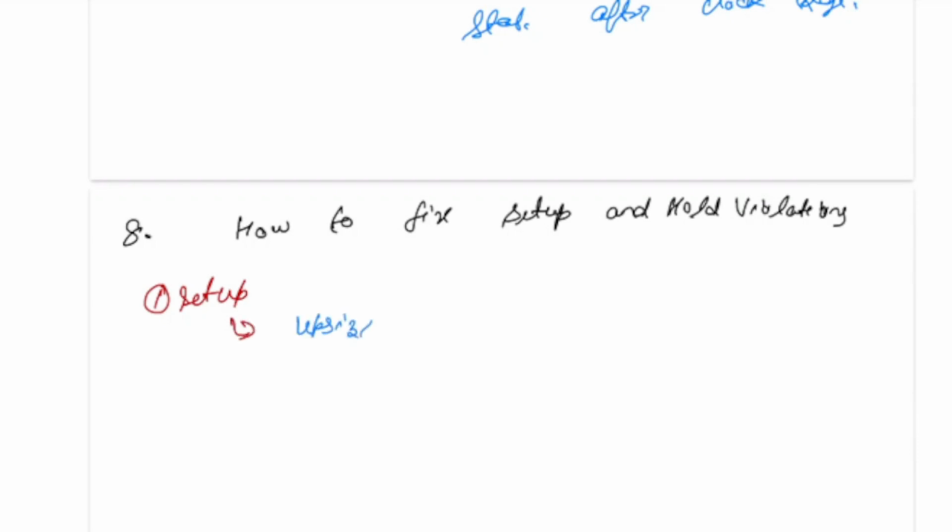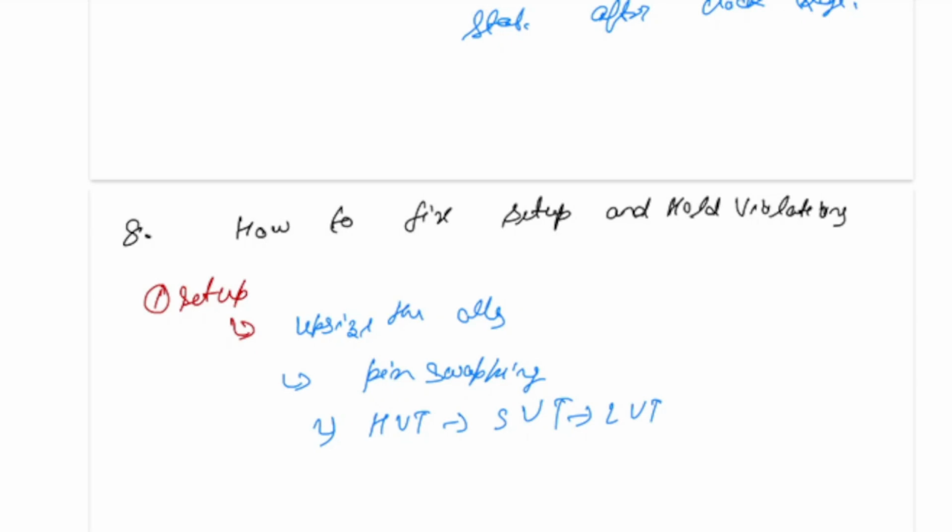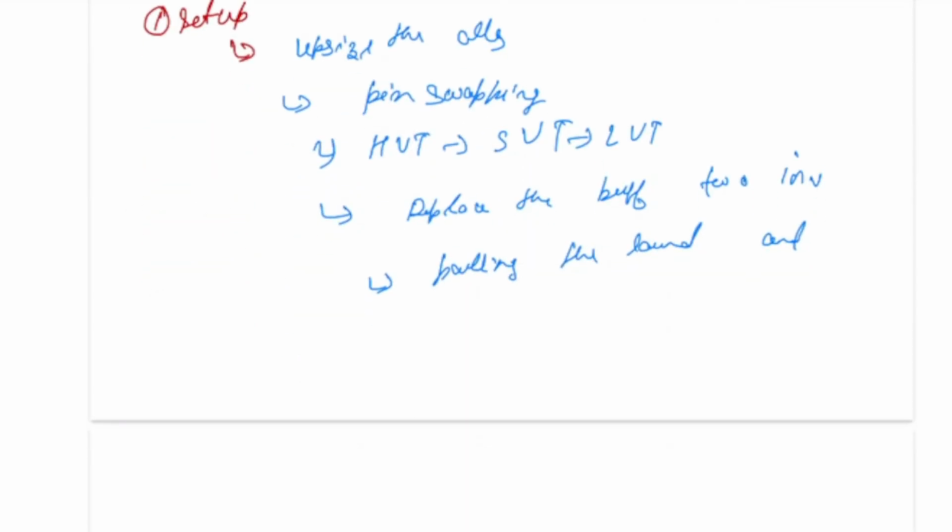Upsizing the cell, swapping HVT to SVT to LVT, replacing the buffer with two inverters, pulling the launch clock, and pushing the capture.